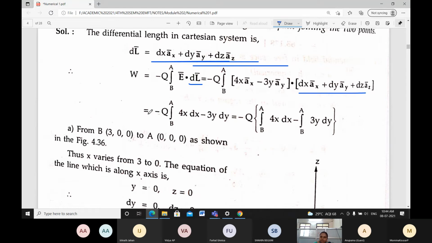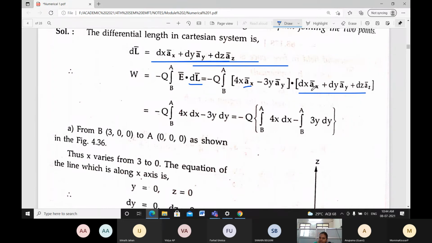Then that is going to be equal to what? Ax into ax, right? It will be 1. Ax dot ay is 0, ax dot ax is 1. Based on the basic things, I can write the equation as minus q integration b to a 4x dx minus 3y dy.